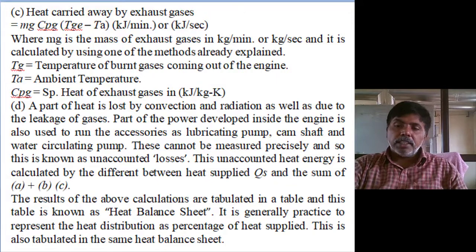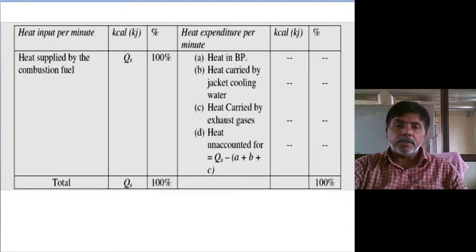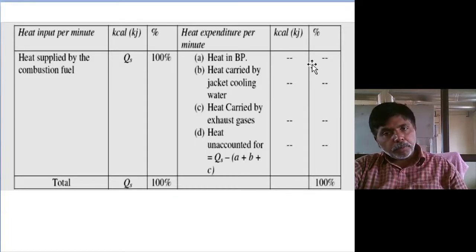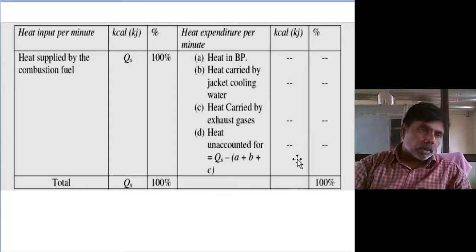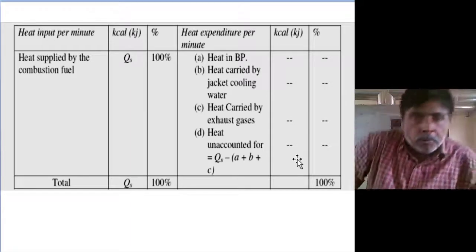Then after calculating this, we are giving the balance sheet. This is the heat supply, 100%. Heat equivalent of brake power, how much you produced, heat carried by the jacket water, heat carried by the exhaust gas, and total heat supply minus A plus B plus C, meaning brake power, heat carried by the cooling system, heat carried by the lubrication system, will give the unaccounted loss. If these unaccounted losses are increasing, it means somewhere the pumps are not working properly, or the V-belt joint.